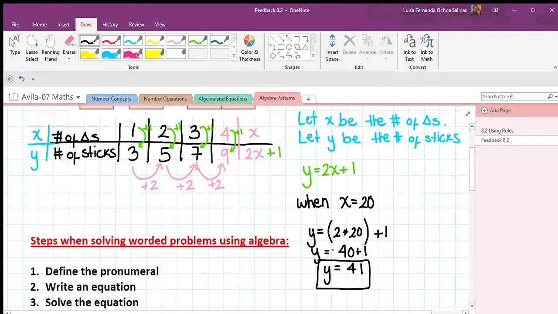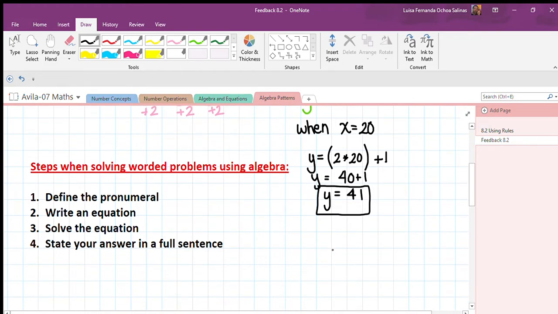Now we have to write in a full sentence. So the last step, our answer is going to be: the question was, use your rule to work out the number of matchsticks required to construct a figure with 20 triangles.